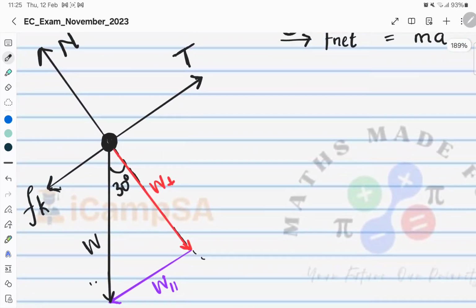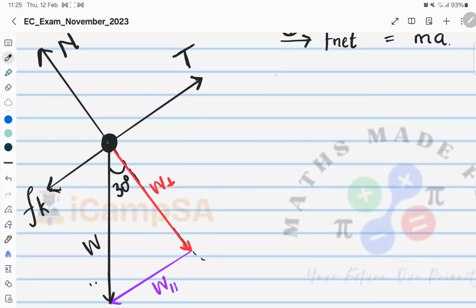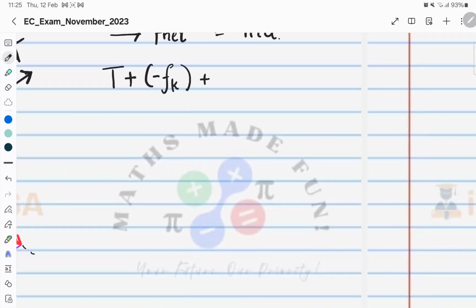Okay, so now let's start summing. We'll have T plus, we said this guy will be negative, plus our weight parallel will also be negative, and all of this is equal to MA.